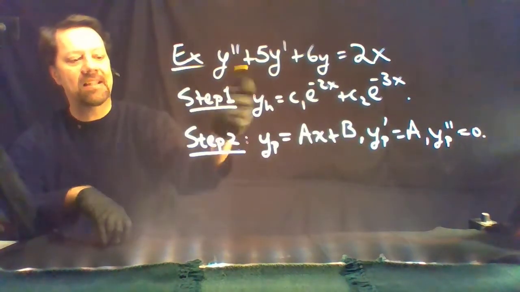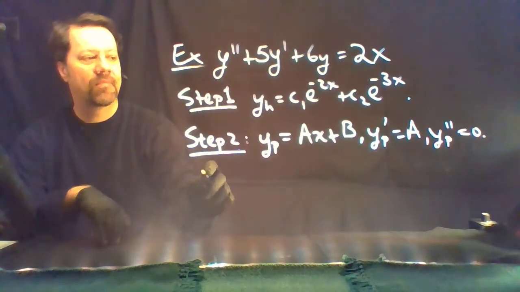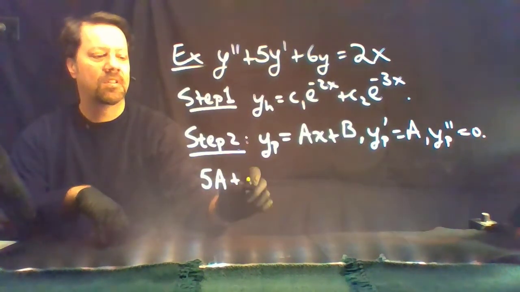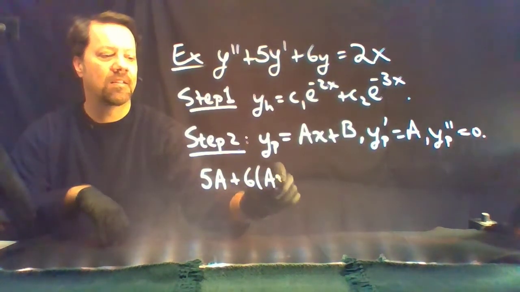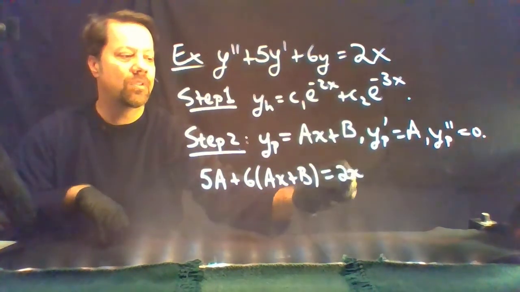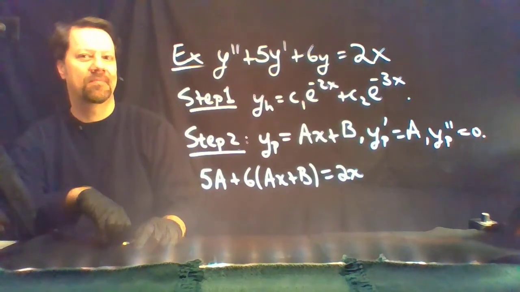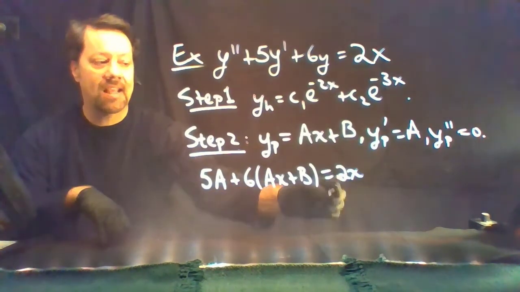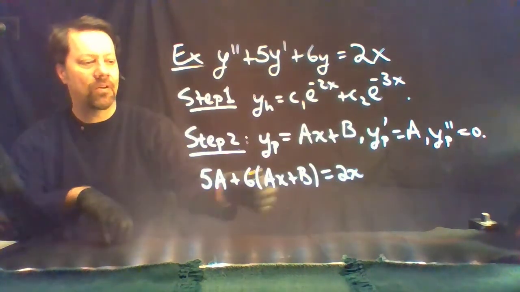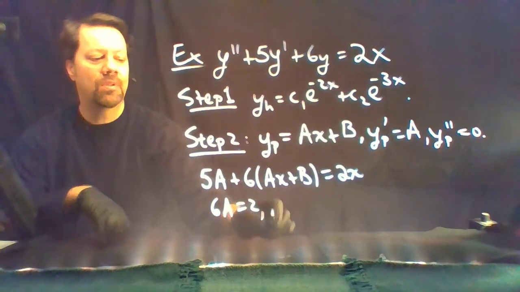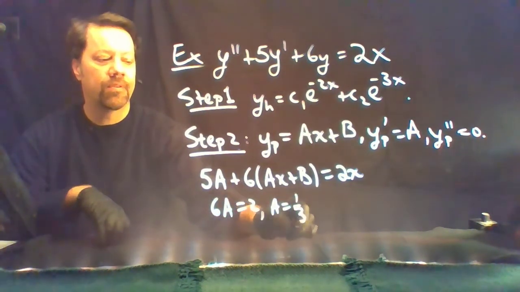Plugging these into the differential equation, we get 5a plus 6(ax plus b) equals 2x. You can see now that the coefficient of x on the left will be 6a and the coefficient on the right will be 2. So we get 6a equals 2, or a is 1/3.